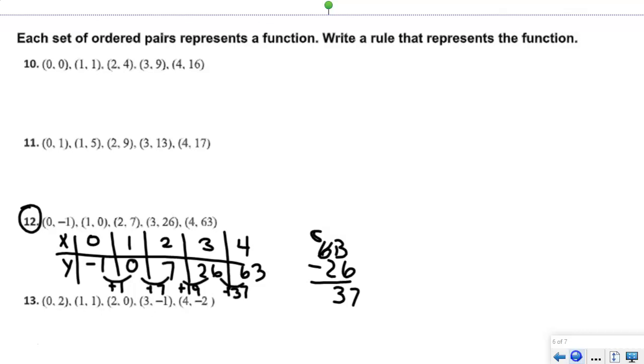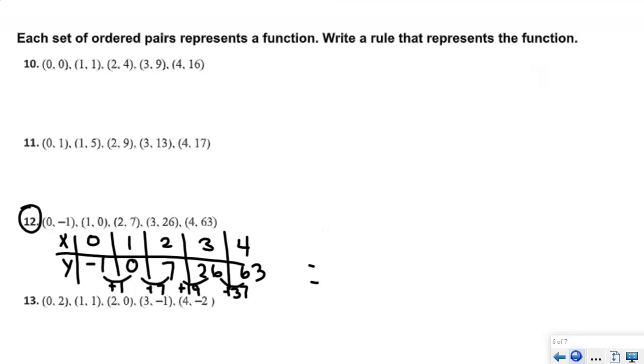So that tells me that there's some sort of an exponent going on in my problem. So I have got to take x to some power, and then maybe do something with it, add or subtract something to get what y is.